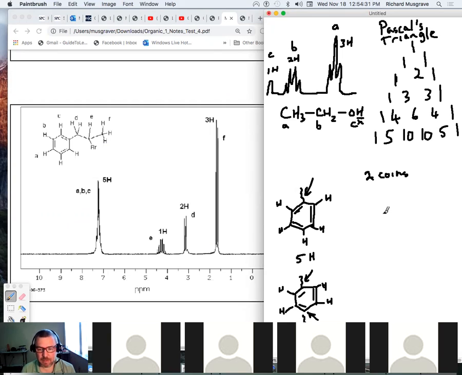Heads, heads; heads, tails; tails, heads; tails, tails. So you see it's 1 to 2 to 1, and if you increase the number of coins, we come up with all these different combinations. This would be the 1:2:1 combination that I'm looking at here.